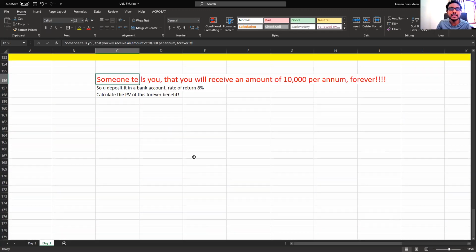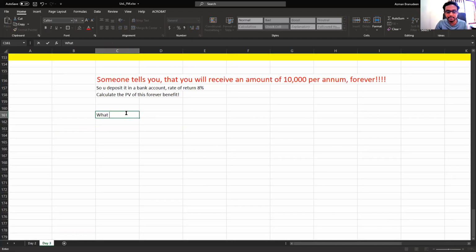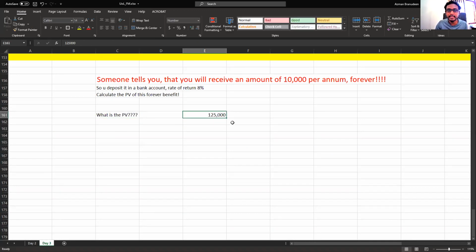So how do you calculate the present value of this sort of situation? What is the present value? 125,000, right? Any other answers? 10,000 divided by 8%.